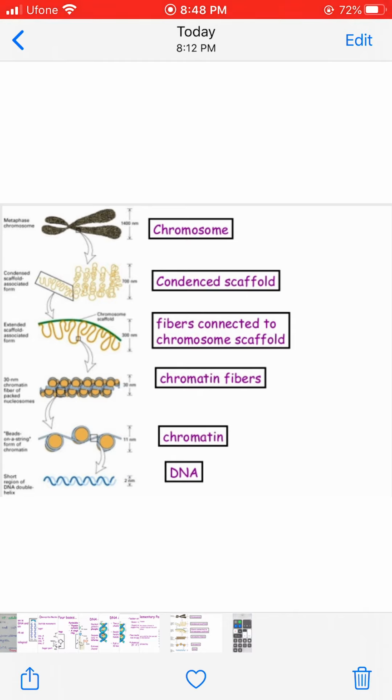So after the folding of this DNA around the protein, different chromatin fibers help in the conformation of these nucleosomes. The interaction of these chromatin fibers with the chromatin is the next step.